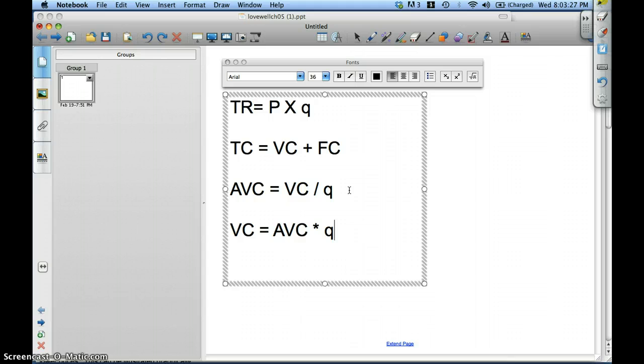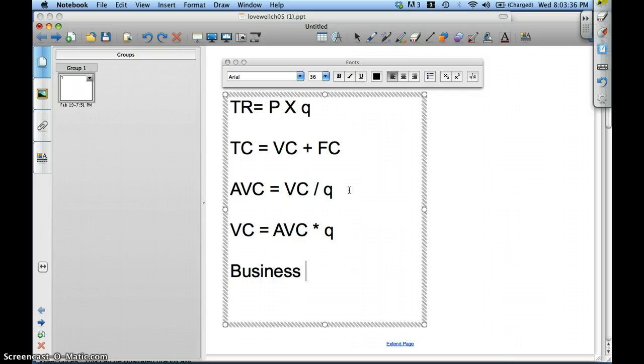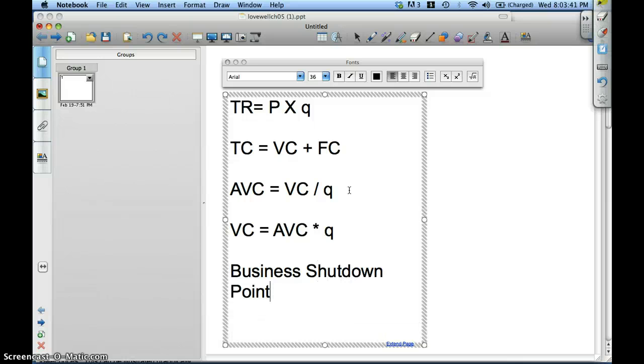So now we get to our point for a business's shutdown point. We're just going to wrap up this formula part. The business shutdown point is when total revenue equals variable cost.